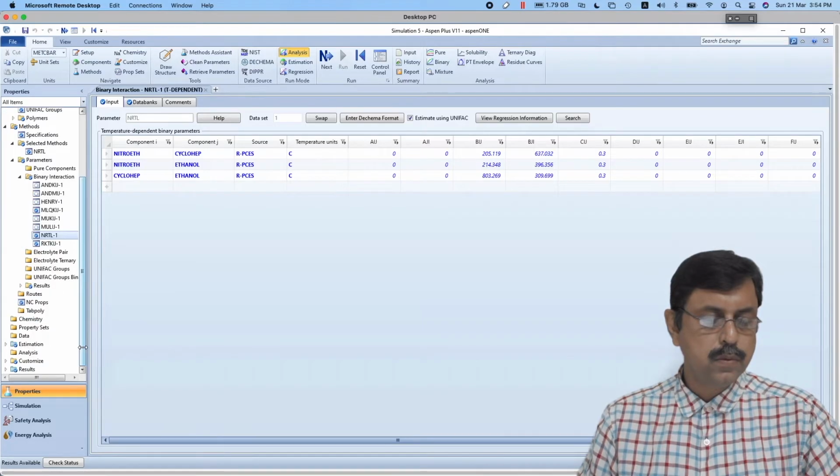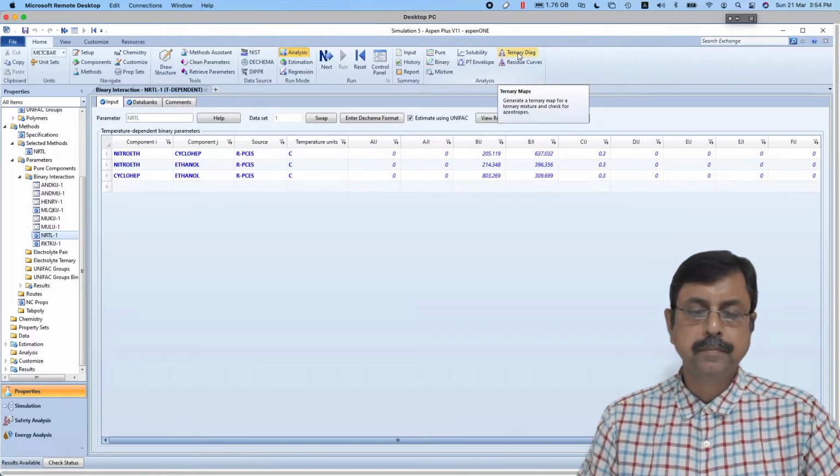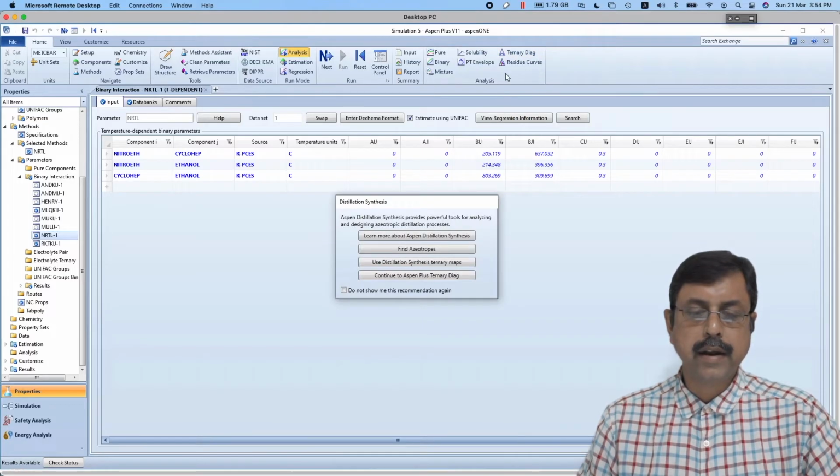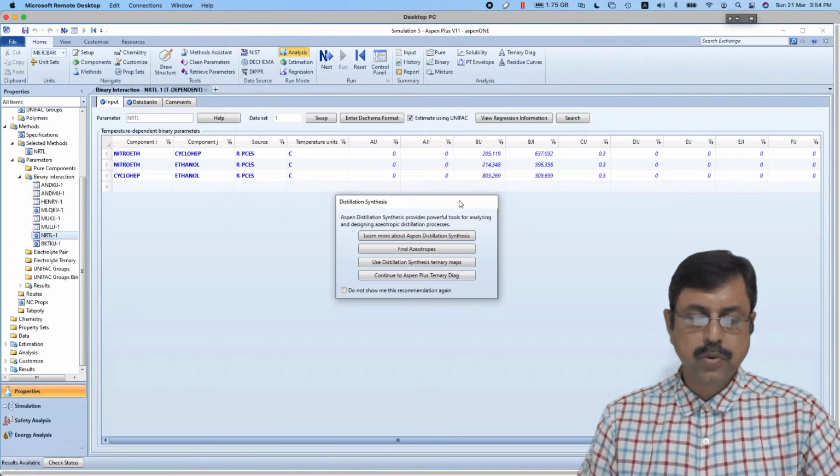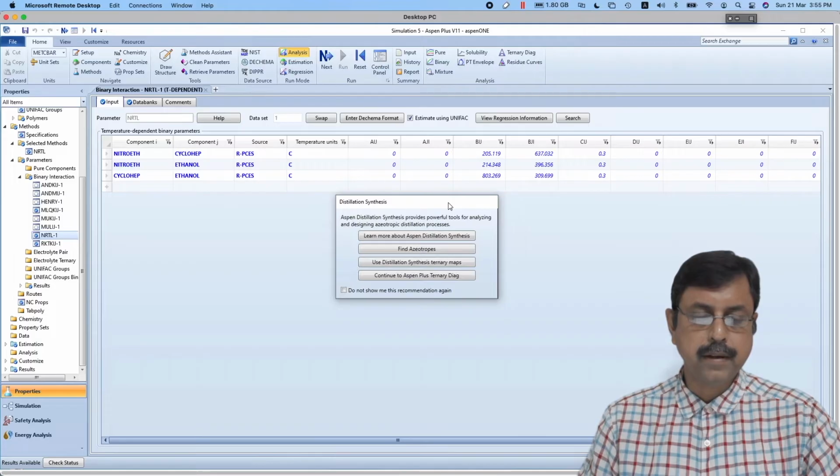Now we shall go to the ternary diagram. So let us bring the ternary diagram tool. Here a dialog box appears.